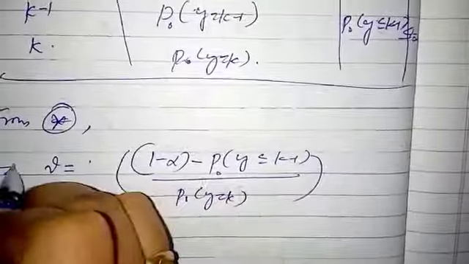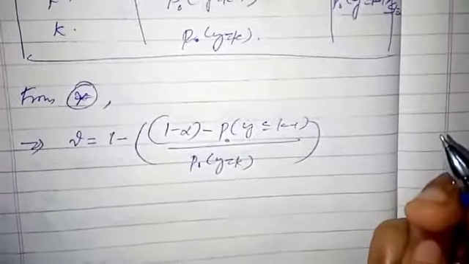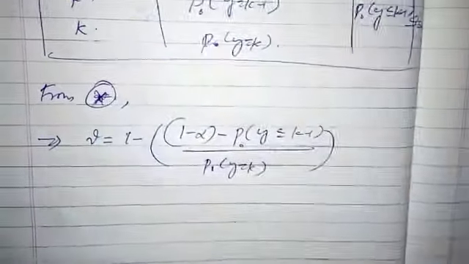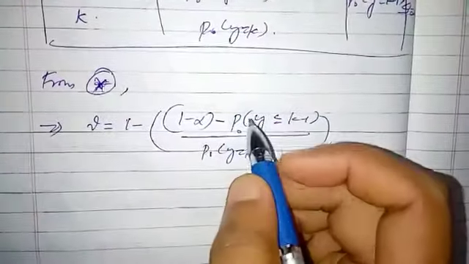After simplifying, after rewriting the star equation, we can get the gamma value. So this is the gamma value of this problem.